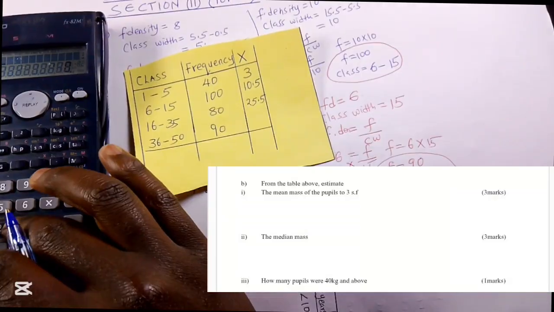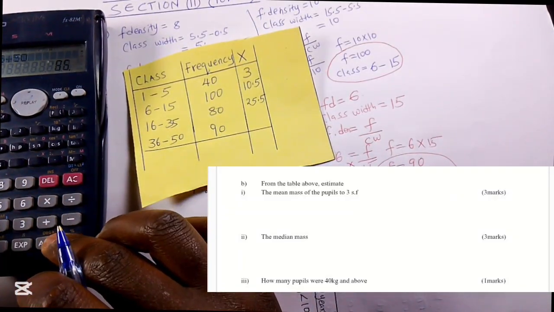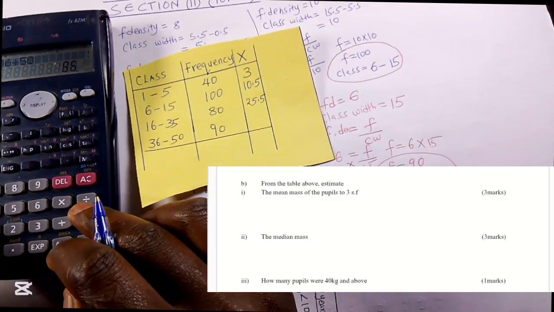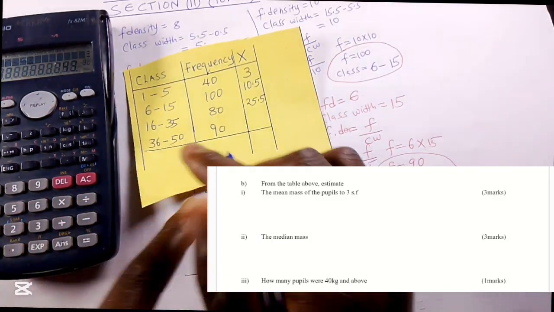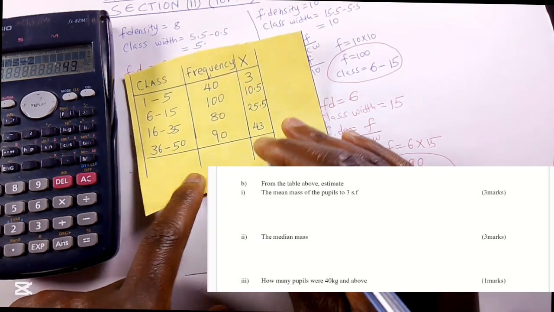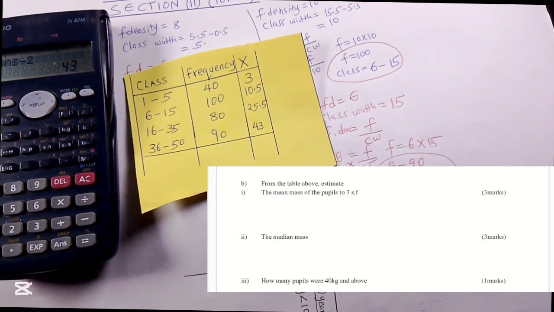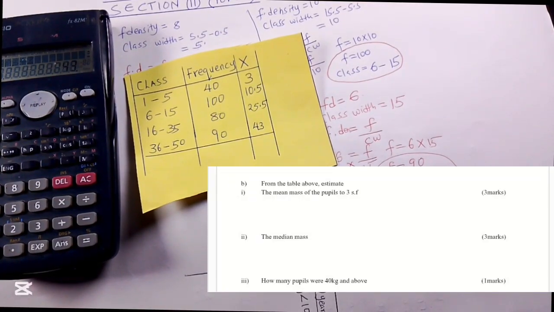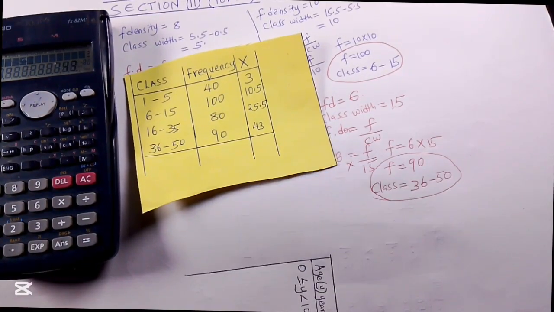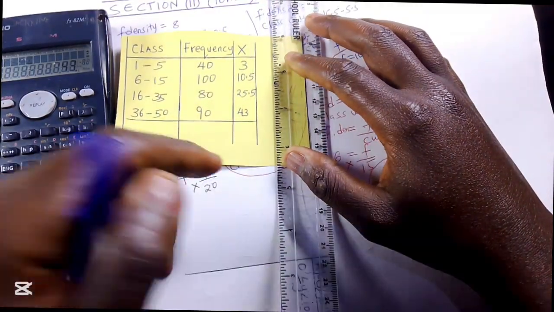Then we take 36 plus 50, divide by 2, and we get 43. Once we get that, for us to get the mean, we need to find another column of fx.